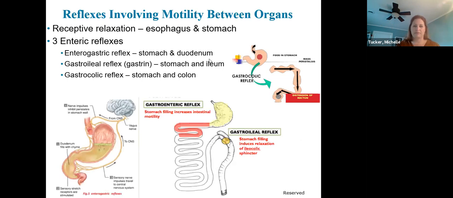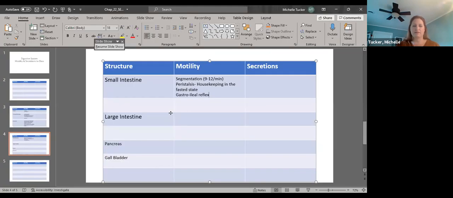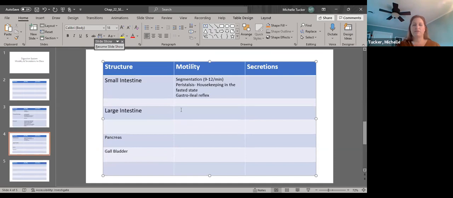Okay, so we're going to go back real quick and add that in. For the large intestine, we have two types of movement. We have haustral contractions, and these are one every 30 minutes.